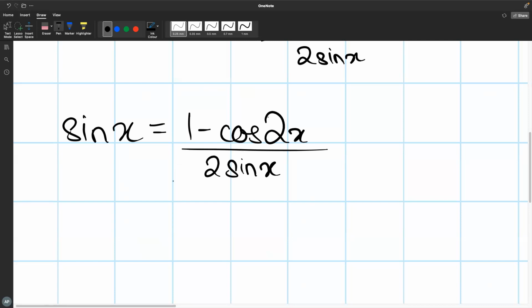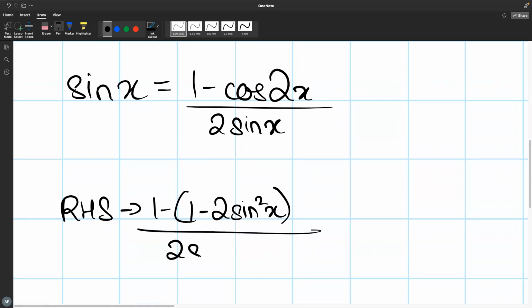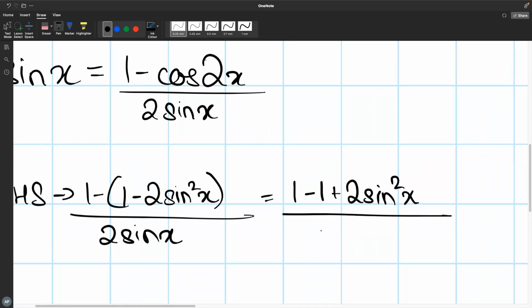So in this case, we're going to take the right hand side. So we can write this as 1 minus, in brackets, because of the trig identities, cosine 2x can be written as 1 minus 2 sine squared x, all over 2 sine x. Then removing the brackets, we get 1 minus 1 plus 2 sine squared x over 2 sine x.